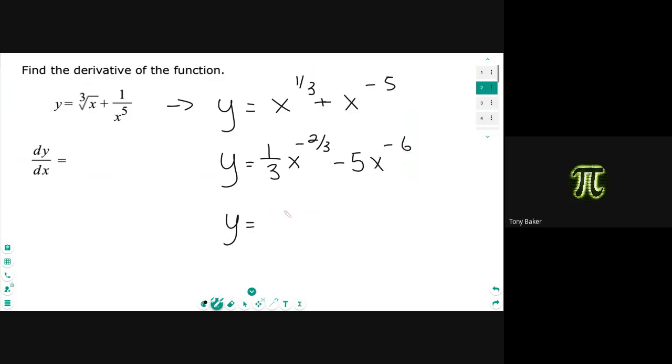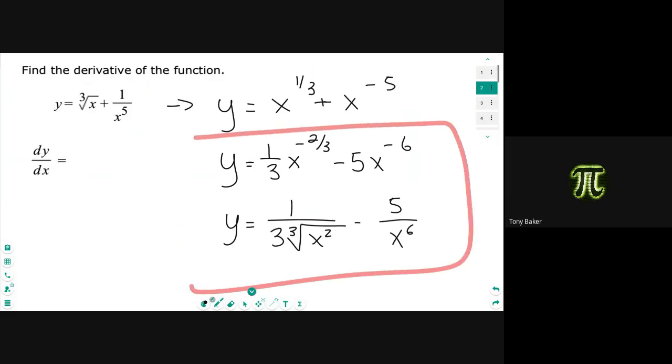If you want to change it back, you can. Either of those are acceptable.